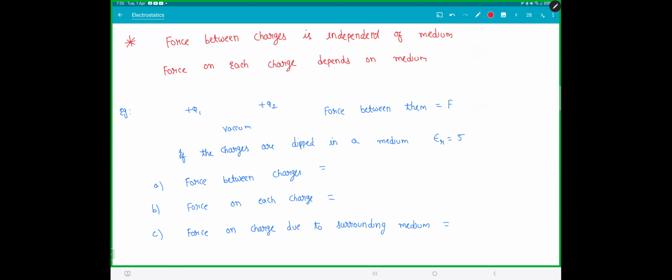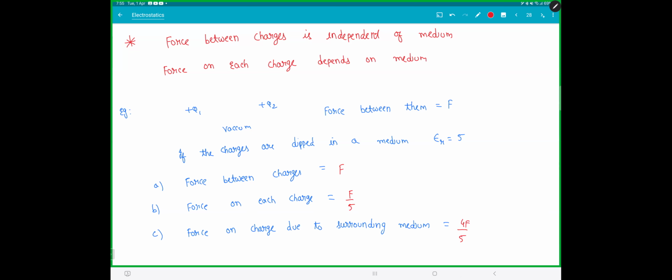What's the force between the charges? It will be F only, right? If your force is F in vacuum, you keep a medium or no medium, force will be F only. What is the force on each charge? This is F by 5. Then what is the force due to the surrounding? The balance, 4F by 5.